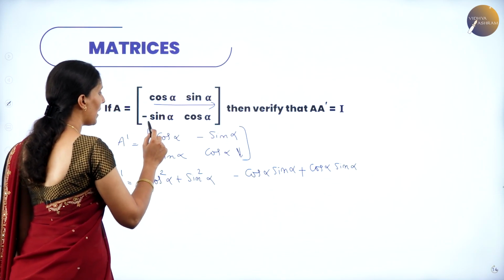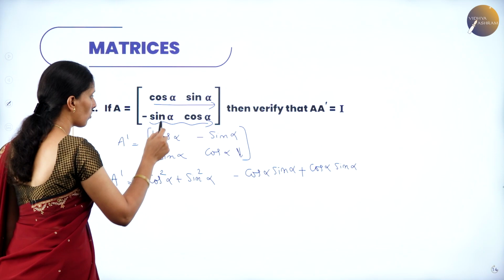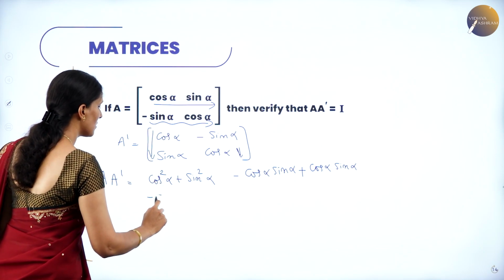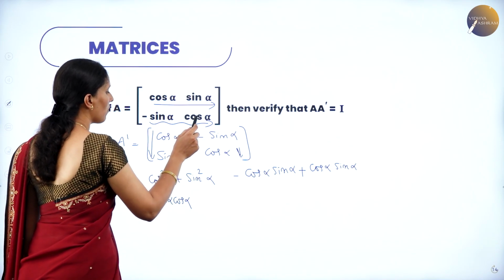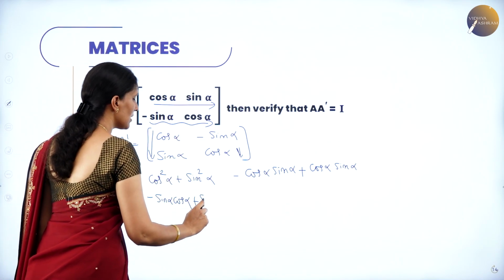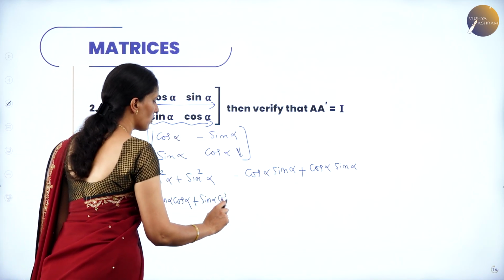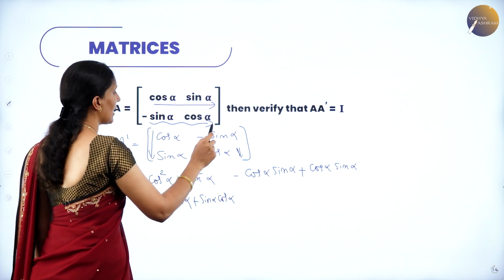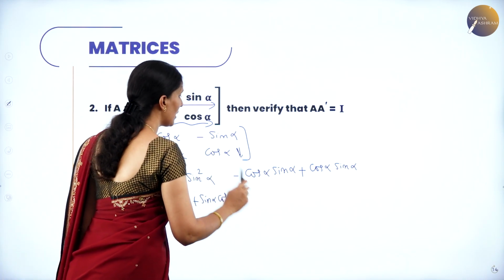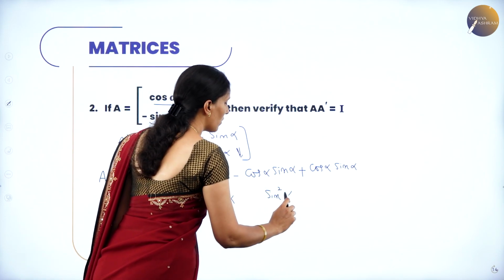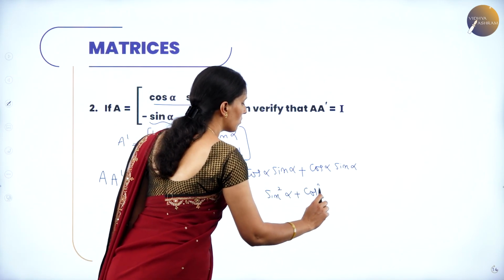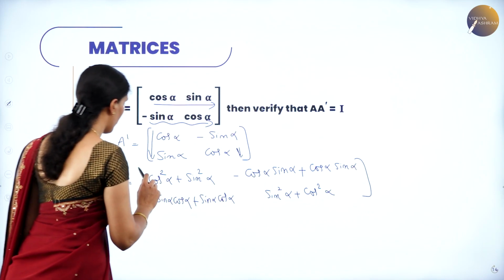Similarly, second row with first column: minus sin into cos becomes minus sin alpha cos alpha, plus cos alpha into sin alpha, that is sin alpha cos alpha. Next, second row, second column: minus into minus plus, so it is sin square alpha and cos alpha into cos alpha, cos square alpha.